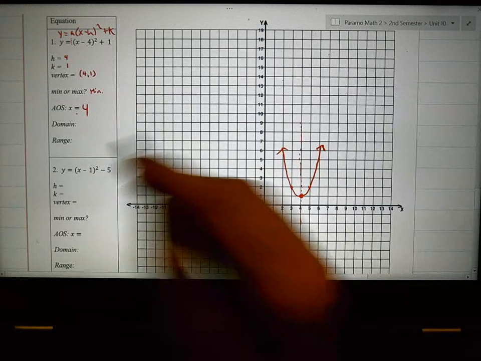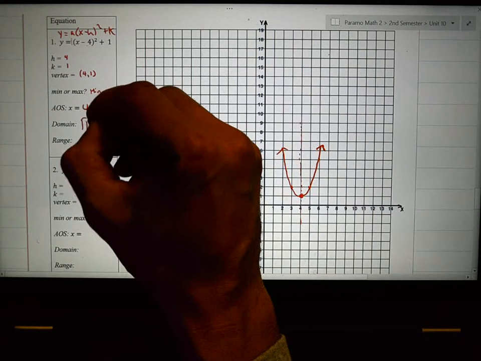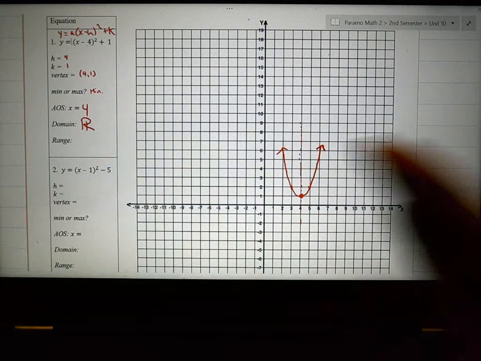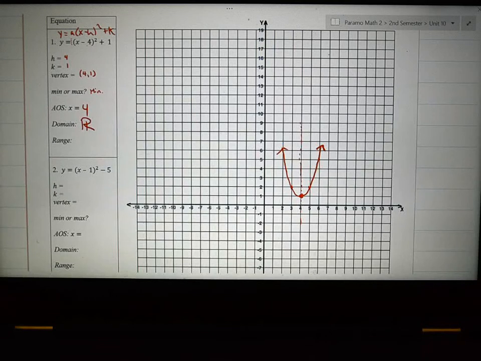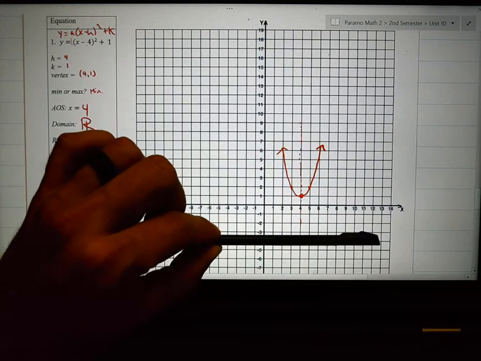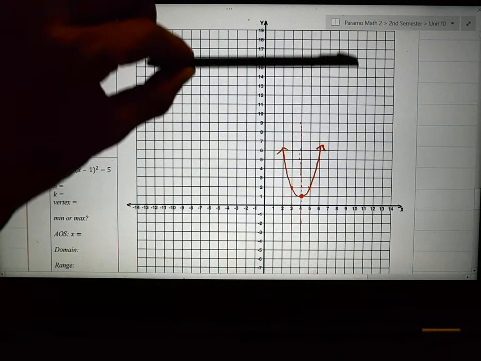Because of our domain, we can use any X value we want, all real numbers. I can plug in -1 all the way through 100 to 1,000,000 to -1 billion. But for the range, we only use certain Y values. In my class, I held a ruler and I said we only had Y values that were here and above.